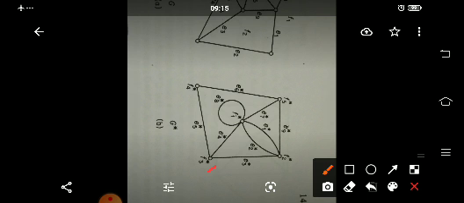F3 is adjacent to first F1. Next F3 is adjacent to F2. Next F3 is adjacent to F4. F3 is separated from F2, F4 and F1.